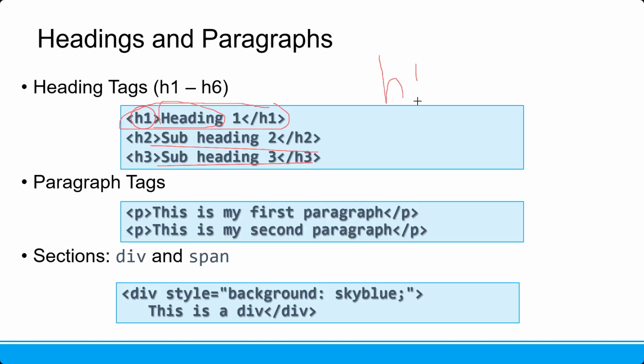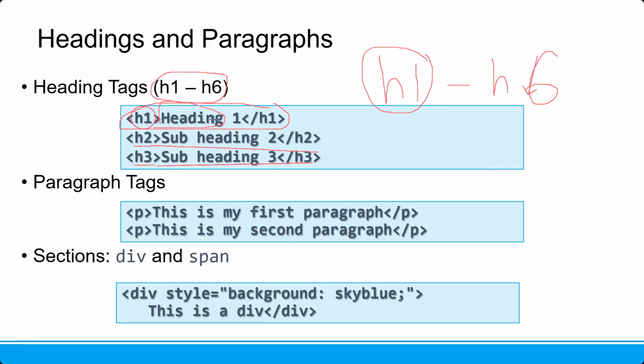So H1 means the first heading or the highest one, and then H2, H3, and so on. And it is available until H6. So H1 until H6. H6 is the lowest one, and H1 is the highest.